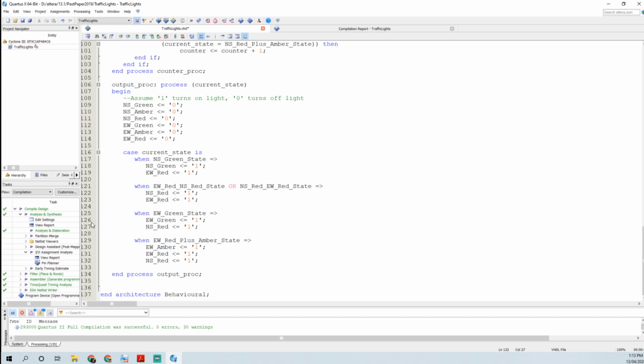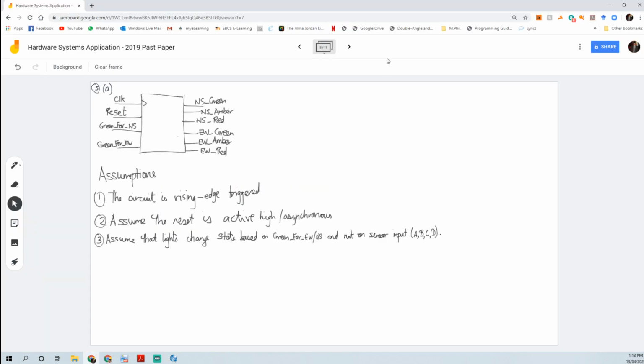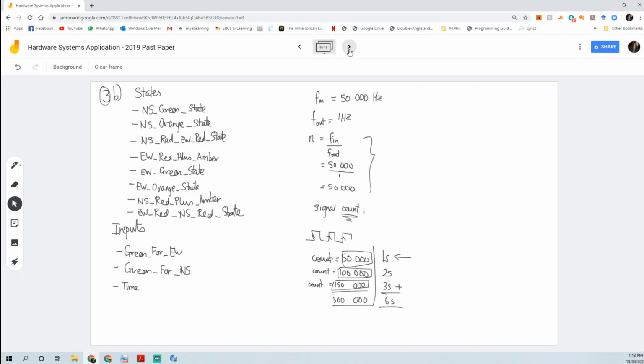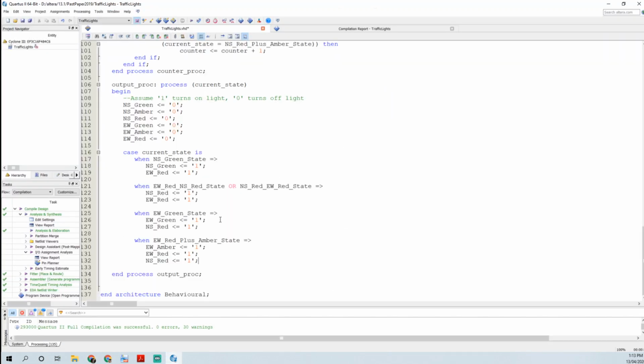Okay, what's going to happen in my, let me see, we started with north-south green, then we went into north-south red plus red. Okay, let's look at north-south orange and east-west orange. Actually, let's take care of the orange states here now.